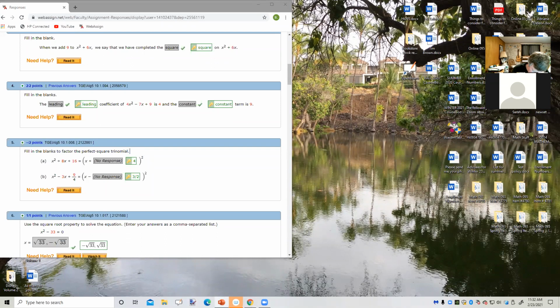I'm going to put that on a different page so that we have lots more room. Part B says x squared minus 3x plus 9/4 equals x minus something squared. Okay, so now I'm going to go back to my whiteboard.